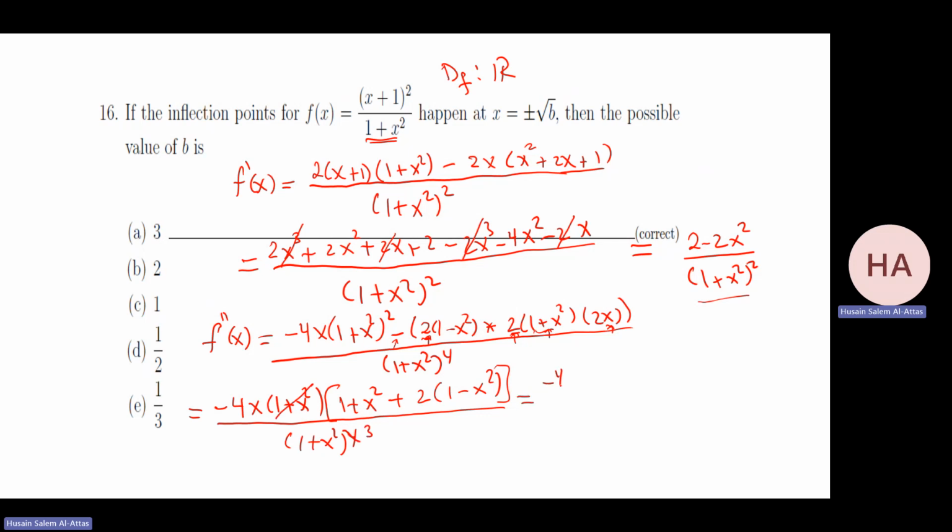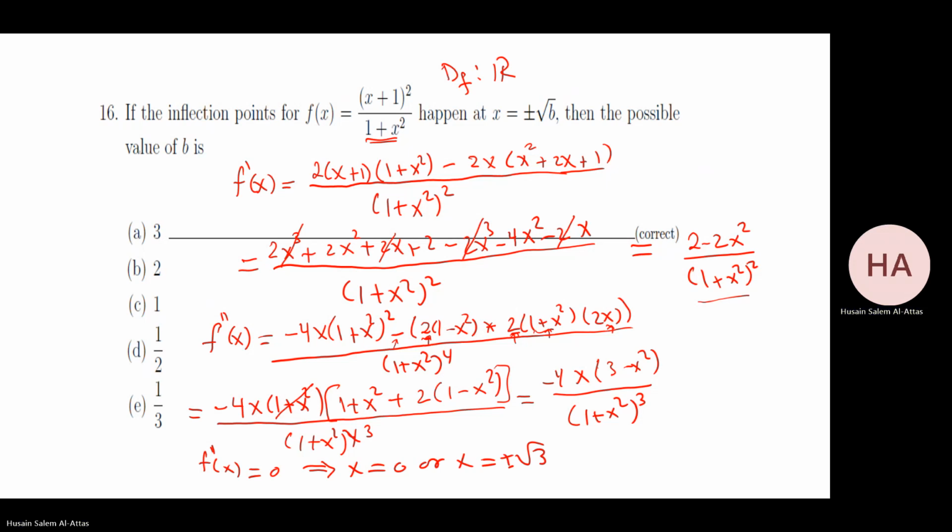So I have minus 4x, and here I have 3 minus x squared, all of this, equal to 0. That gives me x equal 0 or x equal plus or minus square root of 3.